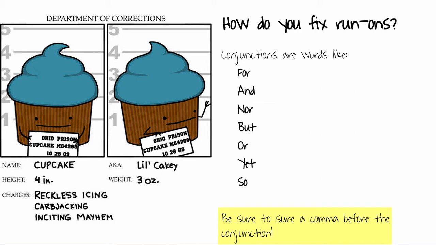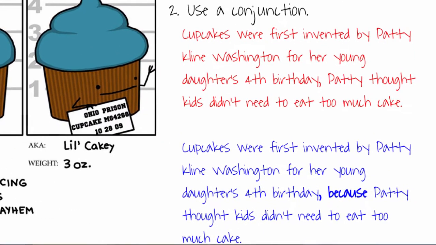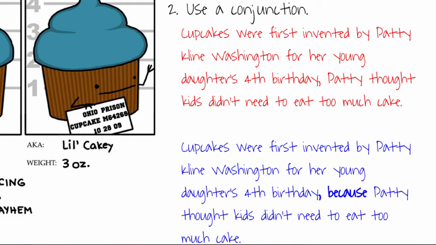So in my sentence, you'll see comma, but, or comma, and. So let's take a look again at fixing this one. Cupcakes were first invented by Patty Klein Washington for her young daughter's 4th birthday, comma, because Patty thought kids didn't need to eat too much cake. So that allows me to combine these 2 sentences.